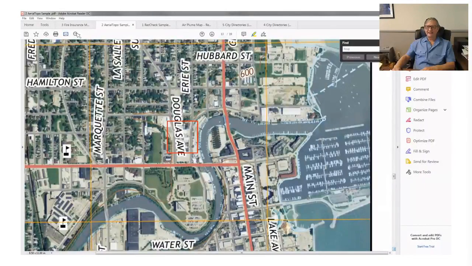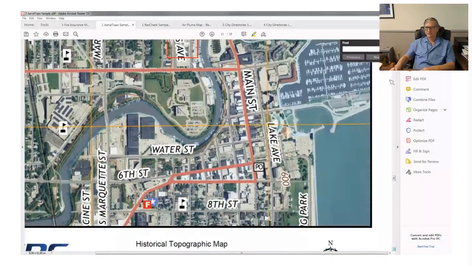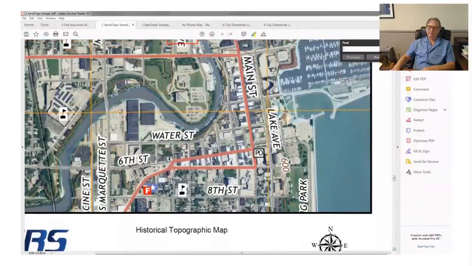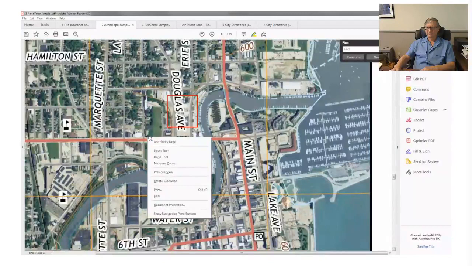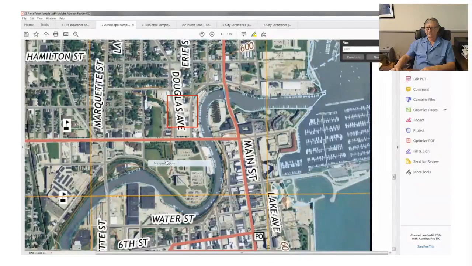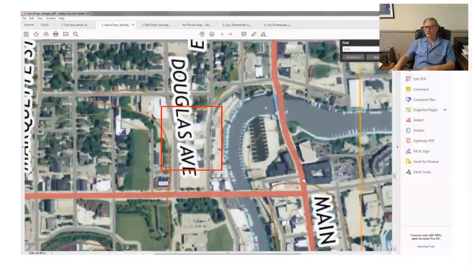I think I want to zoom in on this thing. So we've got a couple things here that you can see.